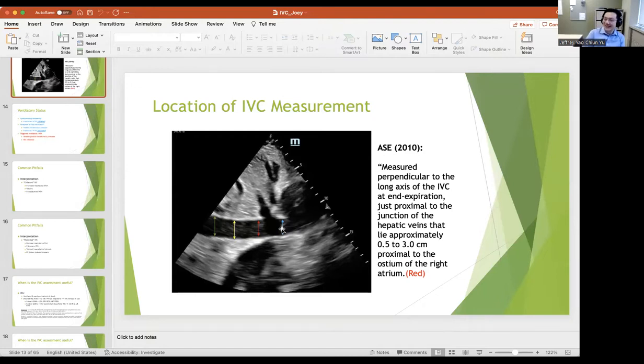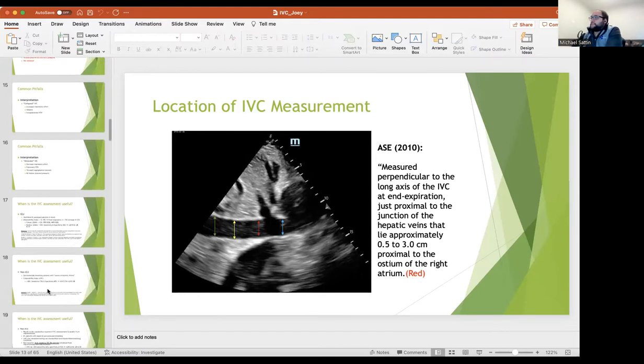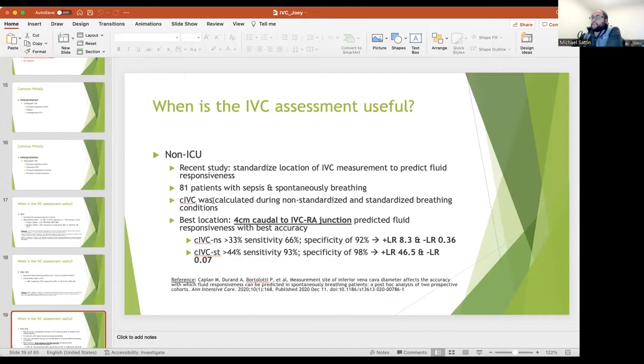Sure you do. I always do. Yeah, so I've read that one study a while back, and Joey, can you scroll back down to it, the one that talked about the 4 points? Yeah, so the 4 centimeters caudal to the IVC-RA junction was studied for collapsibility index, not for right atrial pressure assessment.